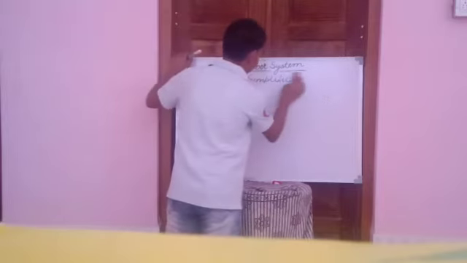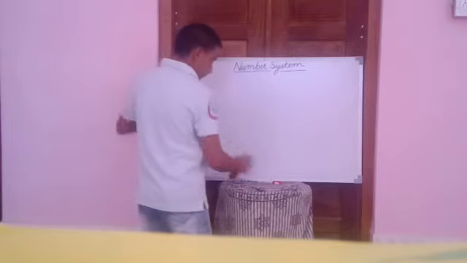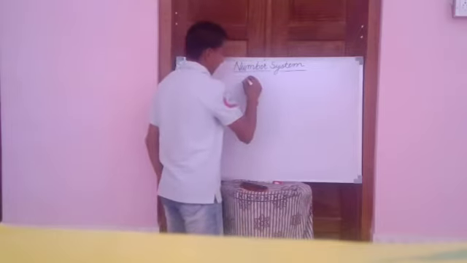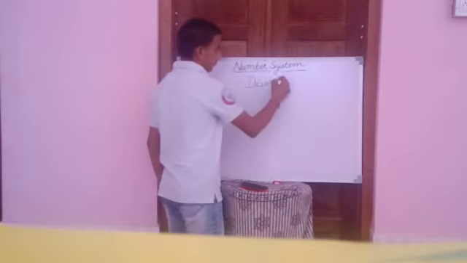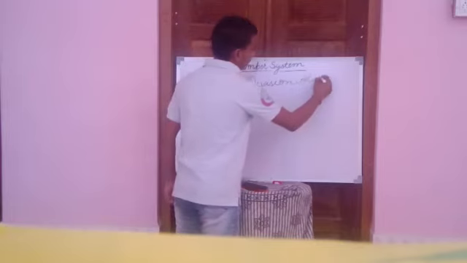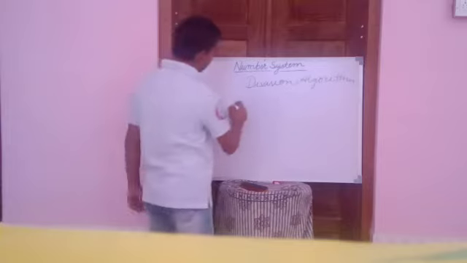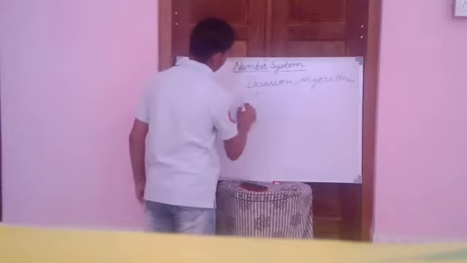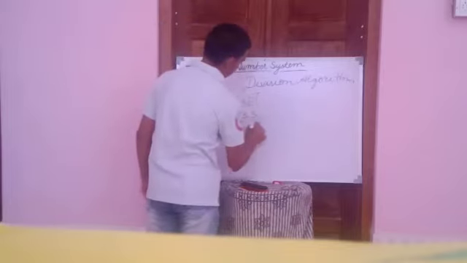So now let's understand the division algorithm. Now let's divide 38 by 5. 5 sevens are 35 and our remainder is 3.